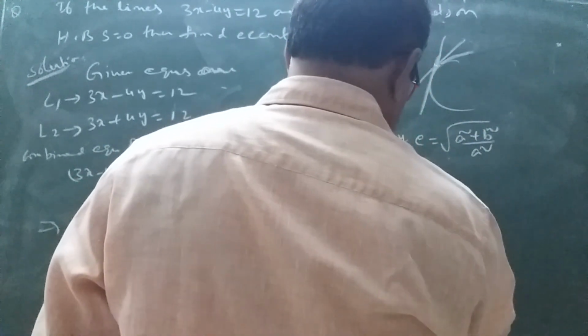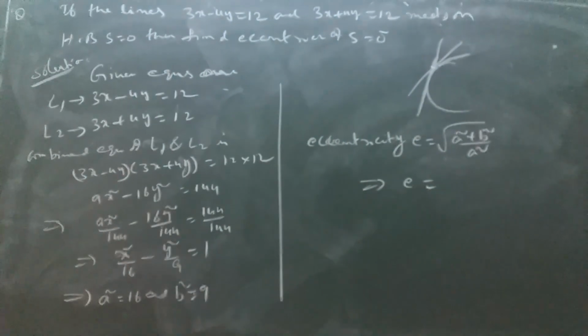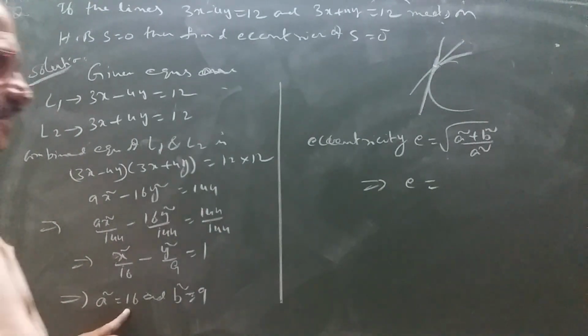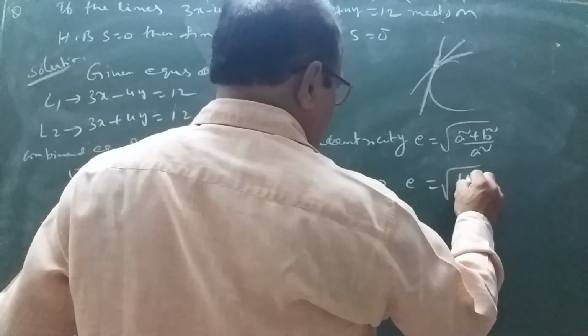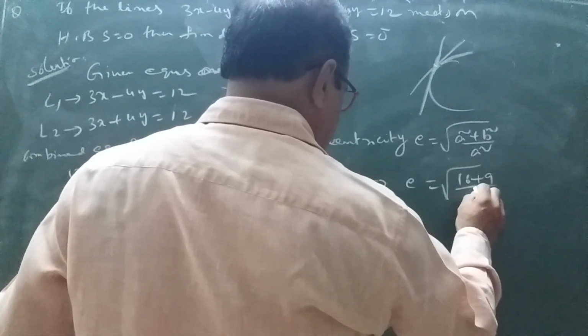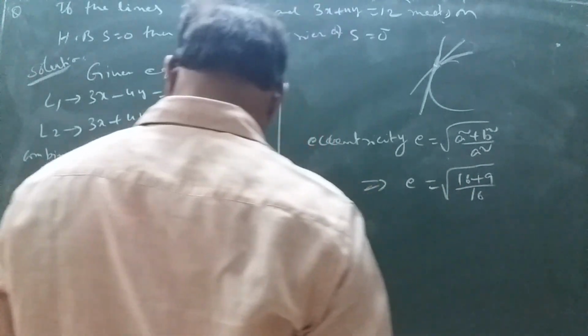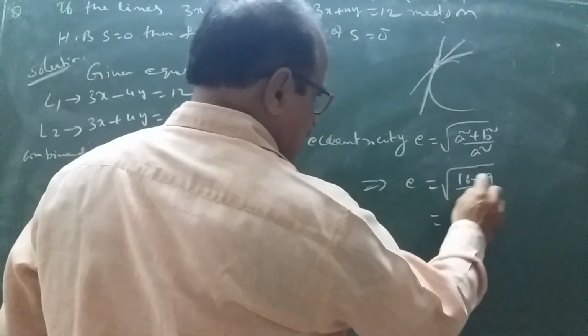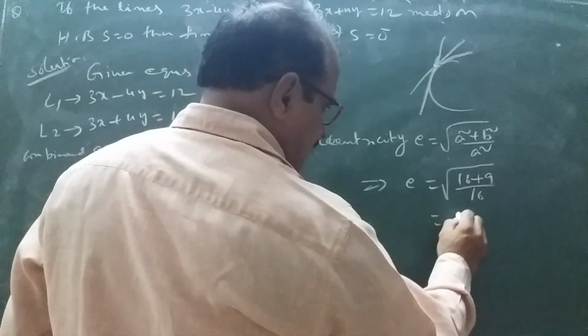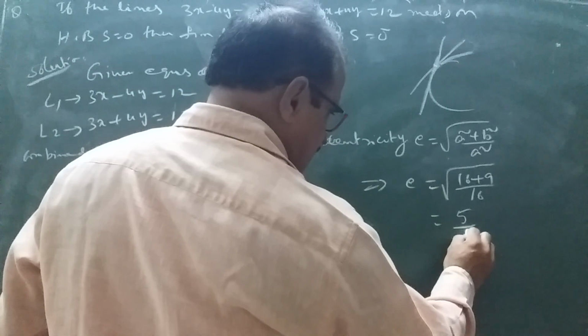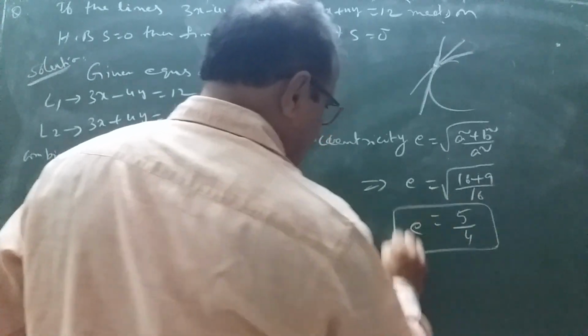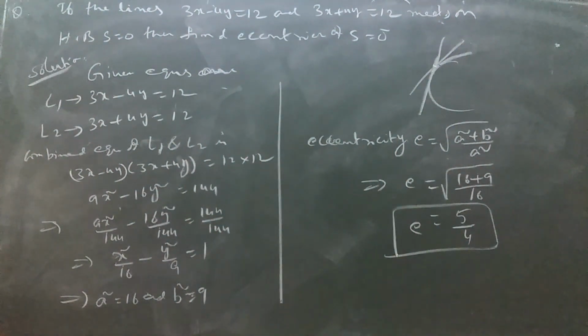By inputting the values, a square is 16, plus 9, by 16. 16 plus 9 is 25. Root 25 is 5, root 16 is 4. E is equal to 5 by 4. This is the 2 marks problem.